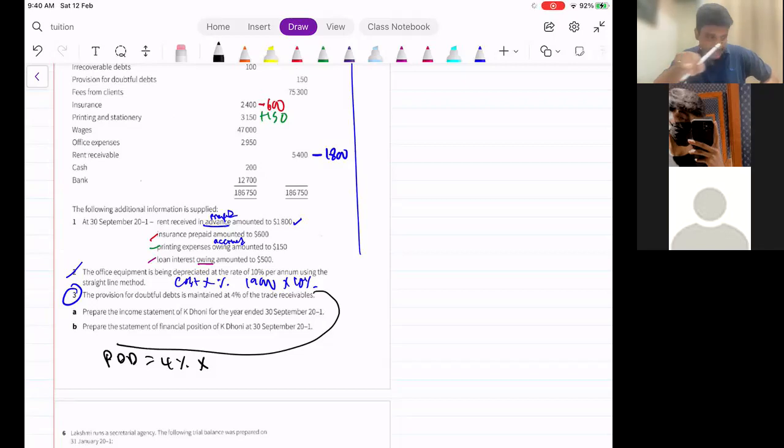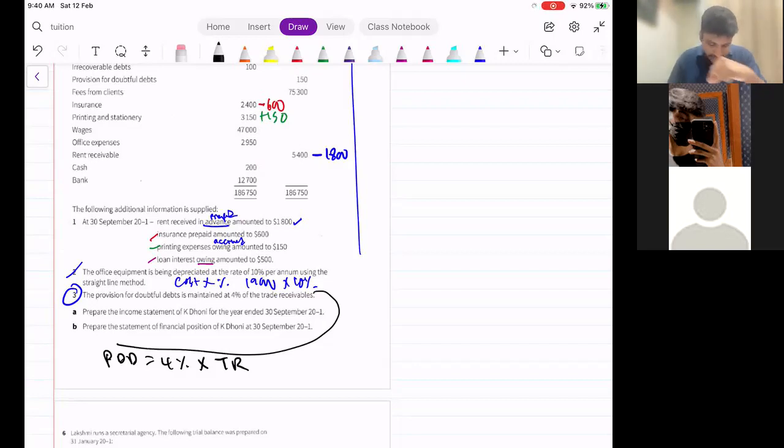Read the line, the answer is in the line. The provision for doubtful debt maintained at 4% of the trade receivable. So 4% times trade receivable. Understand? Most of the things in accounts, you need to learn. After you learn, whenever you read the question 2-3 times, the hint of the answer will be there. That's how I do accounts.